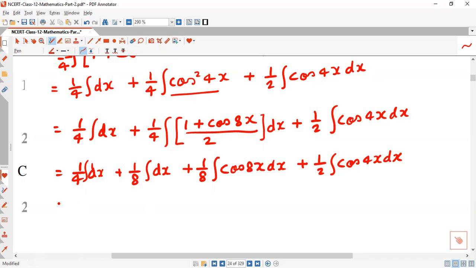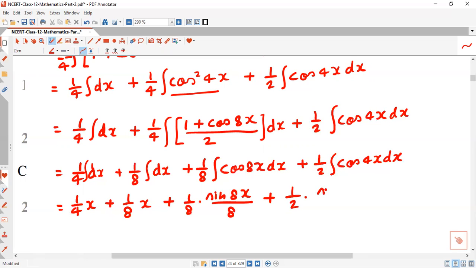Now take the integration. You see 1 by 4 x plus 1 by 8 x plus 1 by 8 cos 8x will be sine 8x divided by 8, plus 1 by 2 we have sine 4x upon 4.